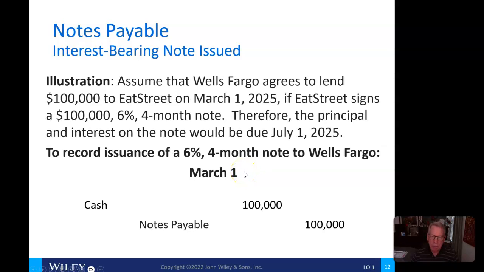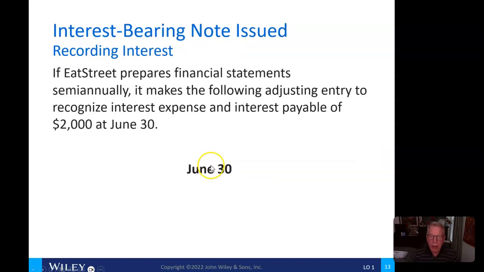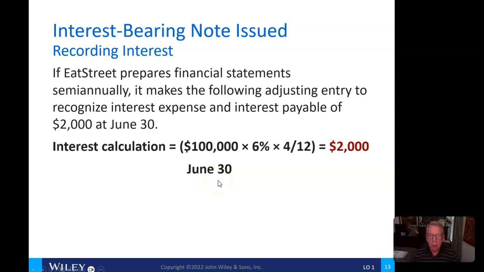So March, April, and May, right? And then June would be, and July 1 would be our payment date. So as of June 30th, I have March, April, and May, and June. So I have interest payable here of 100,000 times 6% times 4 months as a percentage of 12 months, or $2,000. So I'm going to debit interest expense and credit interest payable.